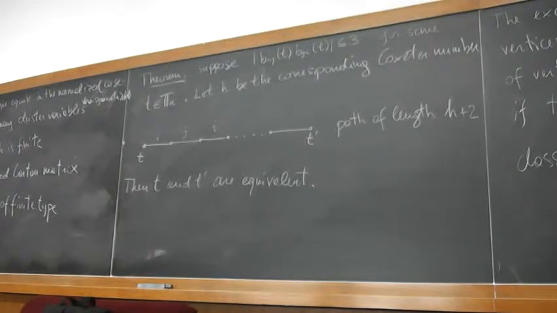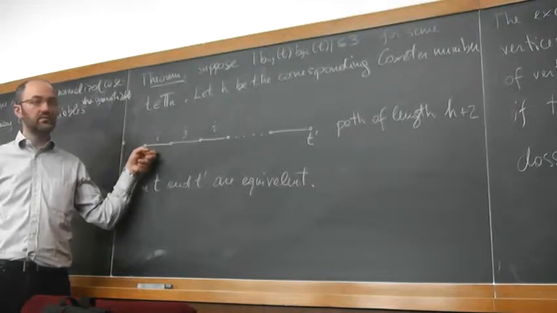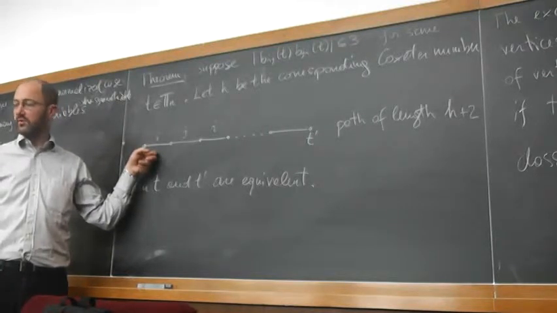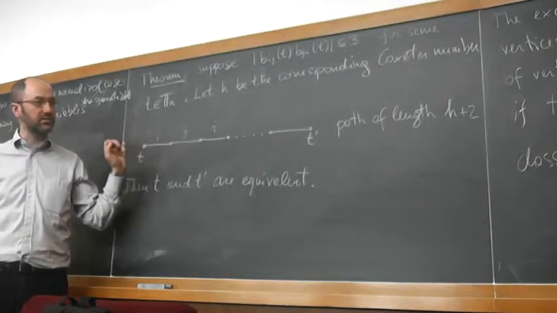And the conjecture here is that the equivalence among all vertices is generated by equivalences of this form. They don't prove it, they just conjecture this. And I don't know if this is true.